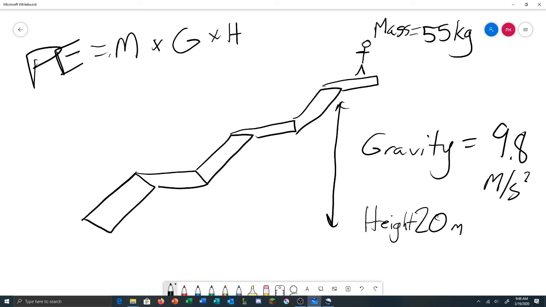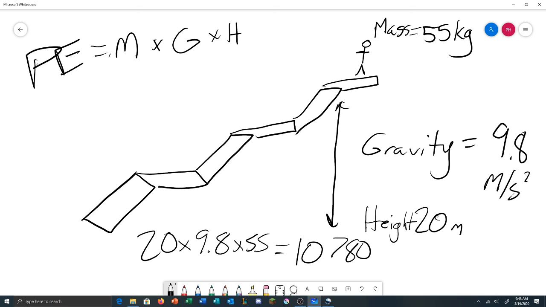Mass times gravity times height. Well, mass times gravity times height, you literally just plug the numbers in. So you go 20 times 9.8 times 55. So if you brought all these numbers in, you would get a potential energy of 10,780 joules.